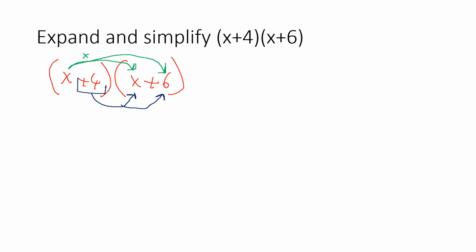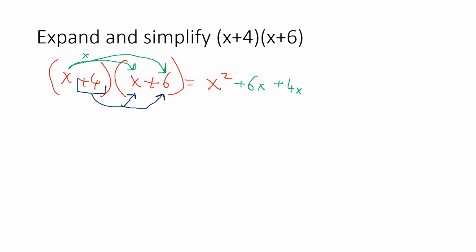So, okay, let's do that then. So what's x times x? x times x is just going to be x squared. x times 6, well, that's just going to be plus 6x. 4 times x is just going to be plus 4x.